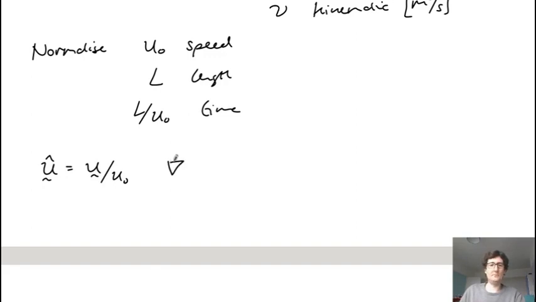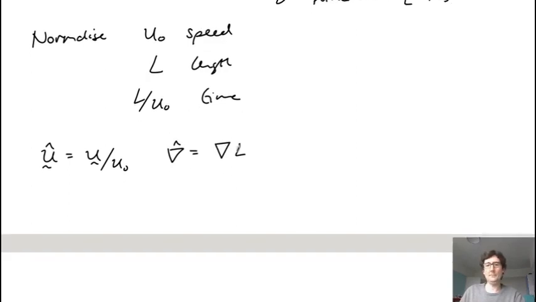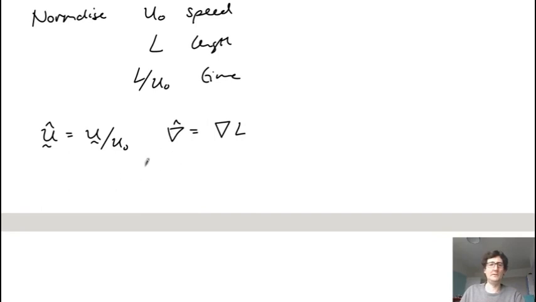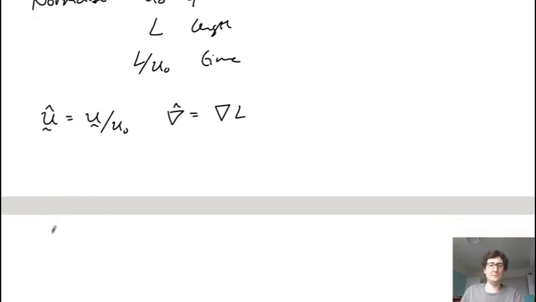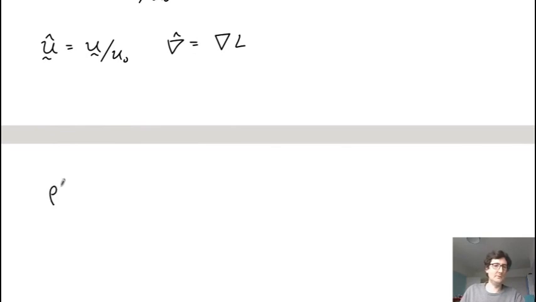The gradients can be normalized using the gradient times L. And so that is now dimensionless. And the whole equation we just write out. So we have the first term is basically like u over L, which gives a time, 1 over time. And then we have u0, so we have another u0 squared. So here this gives us a du hat over dt hat. So the t hat gives an L over u0, and this u hat has another u0 here.